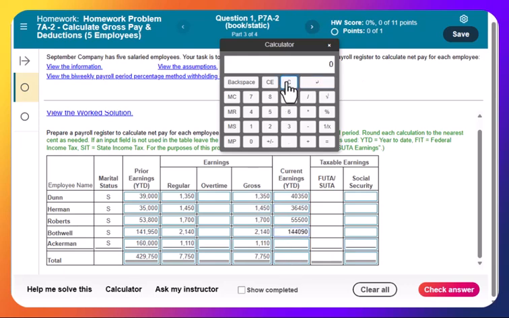And then Ackerman, 160,000 even plus 1,110 biweekly earnings. Click in the cell, enter that through. And then when we add those all together, we get a total of 437,500.